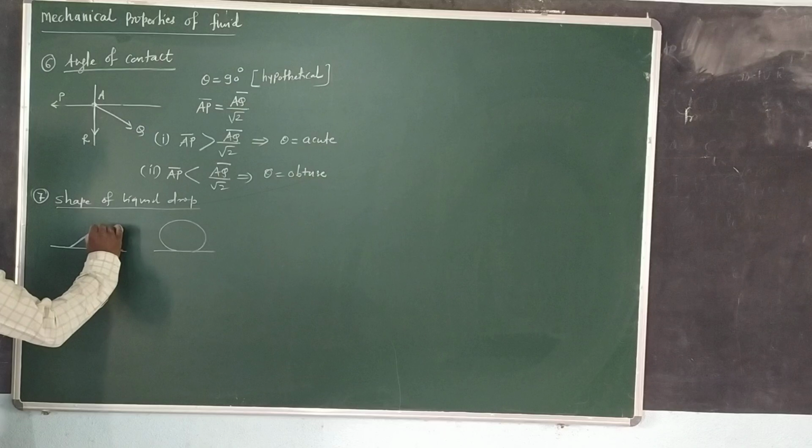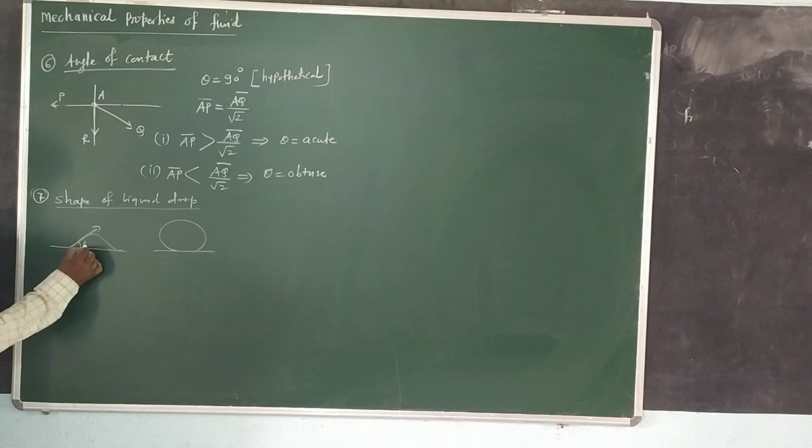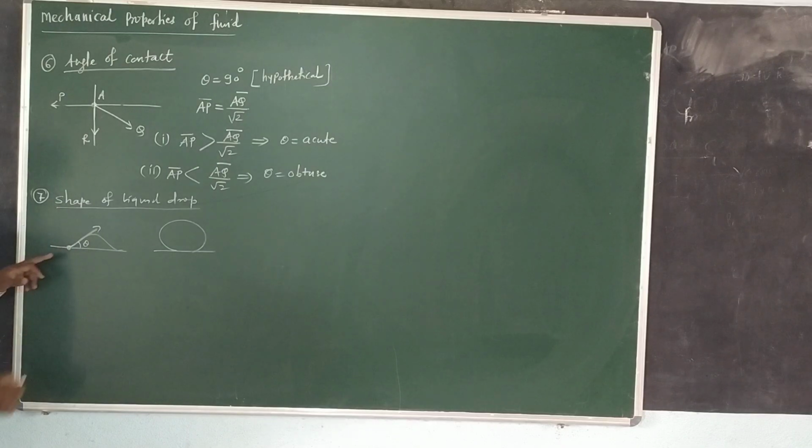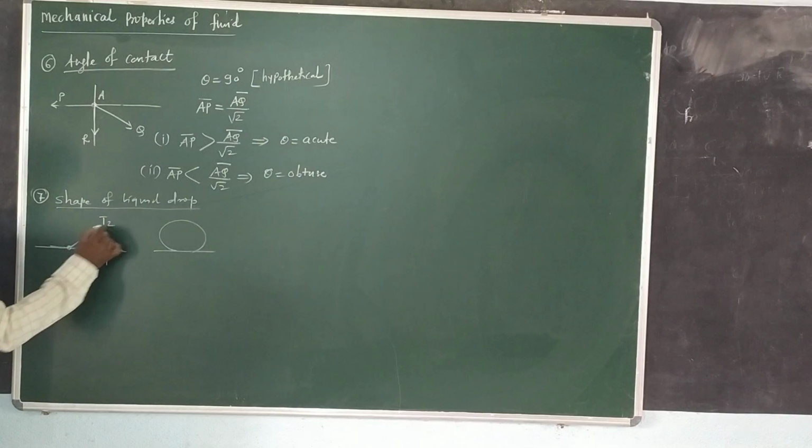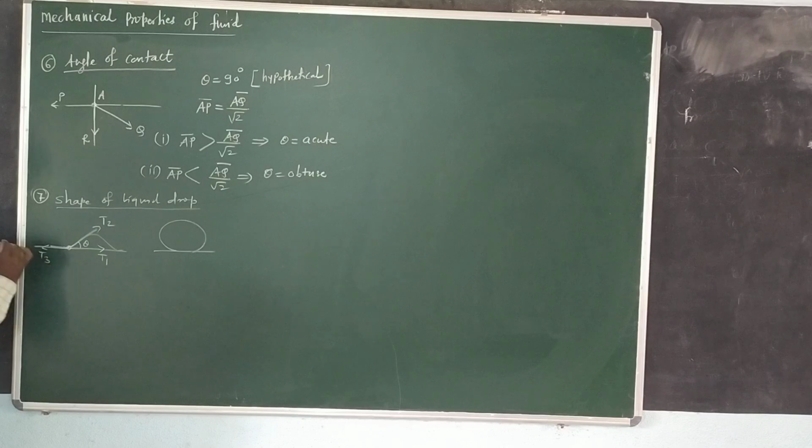Here theta is the angle of contact. Remember, this is the point of contact, and at this point 3 boundaries are formed and 3 different surface tensions are acting. Suppose this is T1, T2, and T3.